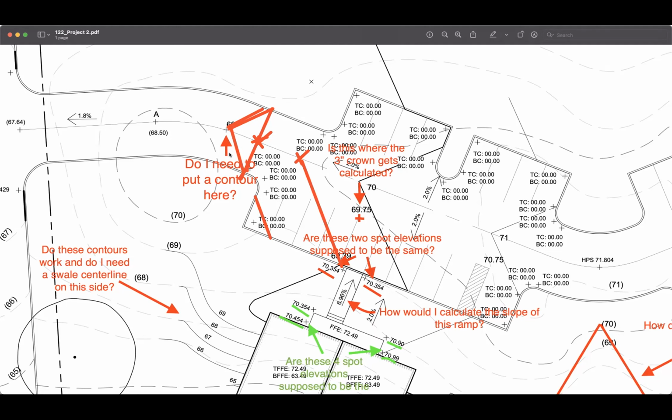For the 69, you would need to identify where 68.50 is. And then that's where the 69 contour comes out of the curve. Does that make sense? You need to look for where 68.50, the bottom of the curve, is located.